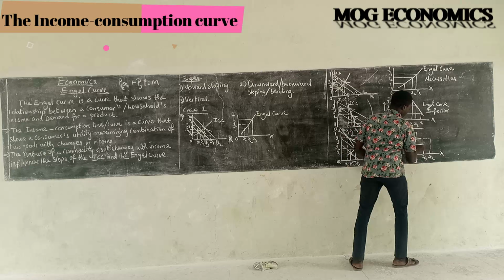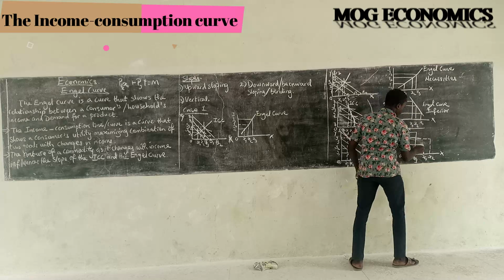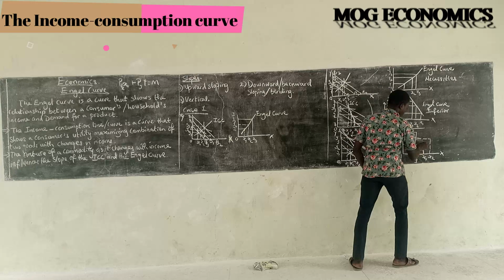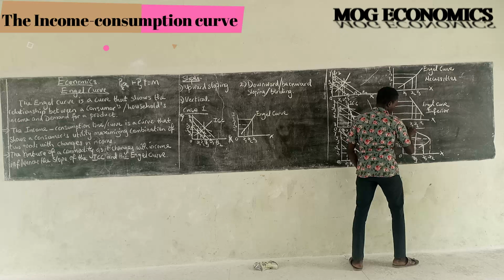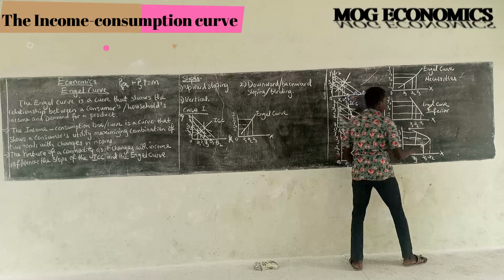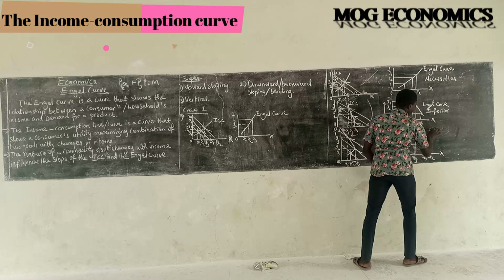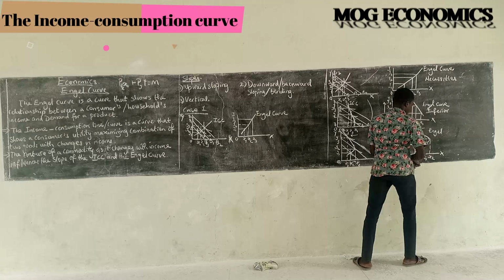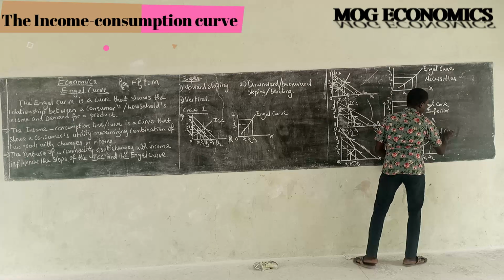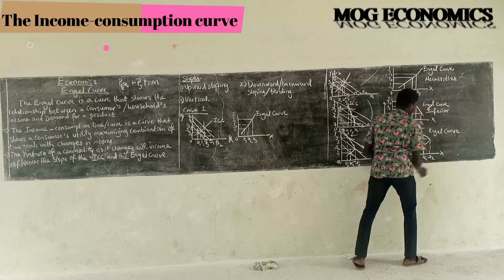So here it is clear that you have a curve. Exactly. So this is your Engel curve in this particular scenario. You have a backward bending Engel curve.